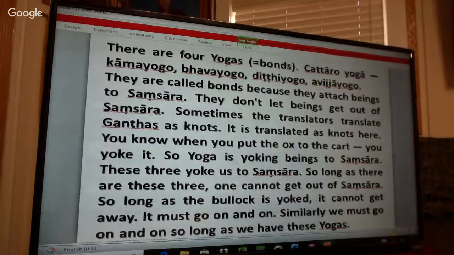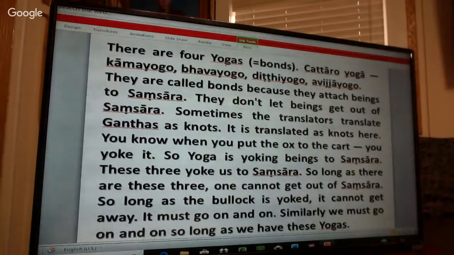That's why they cannot escape from the round of rebirth. Reborn again and again, because of these yoga. The bonds. They don't let beings out of samsara, out of the round of rebirth.